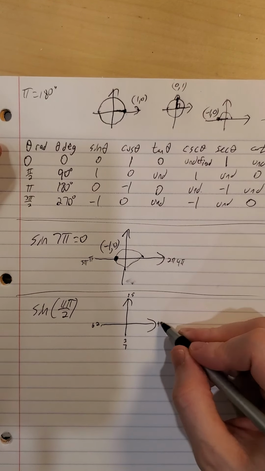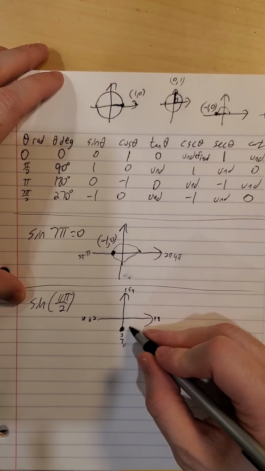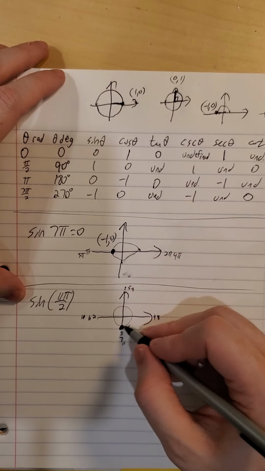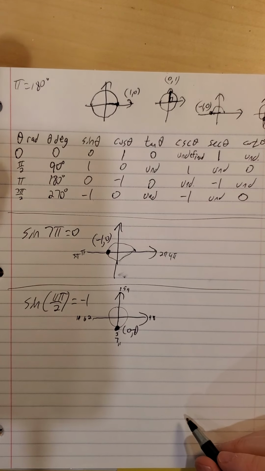And that is what they were asking us about. And the sine is the y-coordinate. Well, down here on the unit circle, we're at 0, -1. Our y-coordinate is a -1.